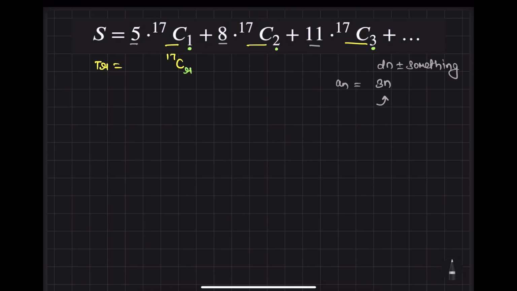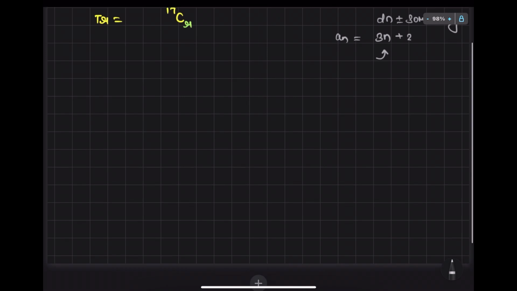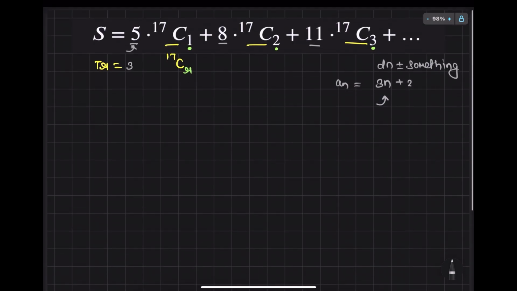Now what will you do with 3 to make it 5? You will add 2. So this becomes the general term. Over there it is in n, now here you have to write in r. So we will have 3r plus 2. Is that okay?